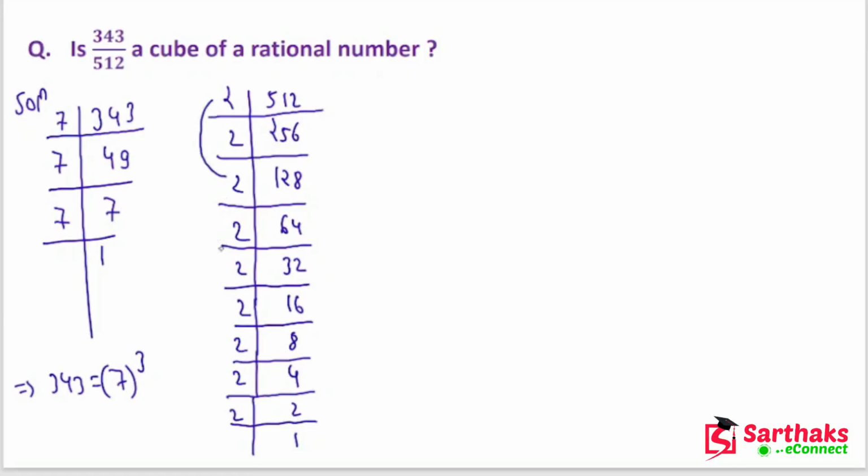So making the triplets out of it, we'll get that yes, they are perfect triplets. So 512 is equal to, taking one from each triplet, 2 into 2 into 2 whole cube, which implies that 512 is actually 8 cube, right?